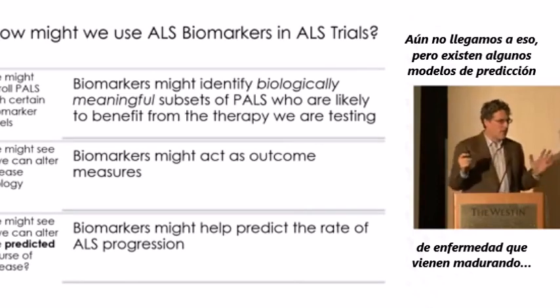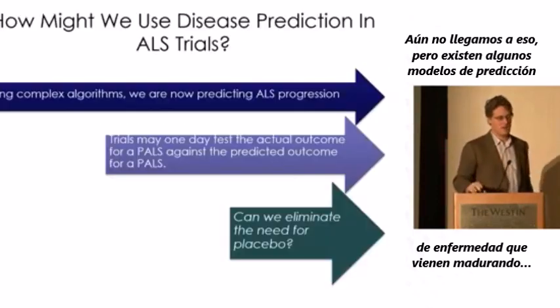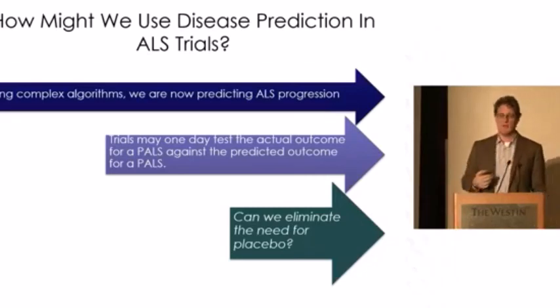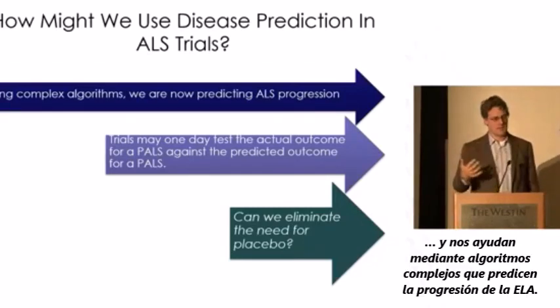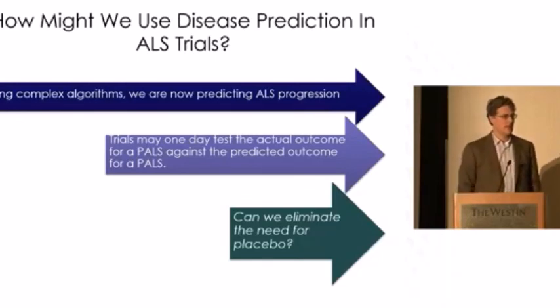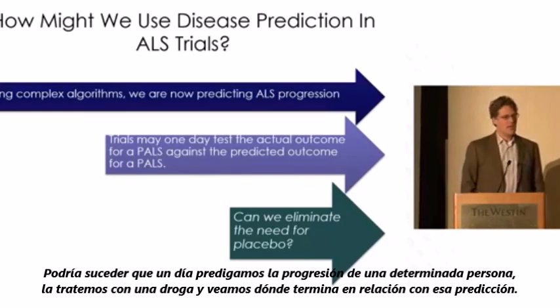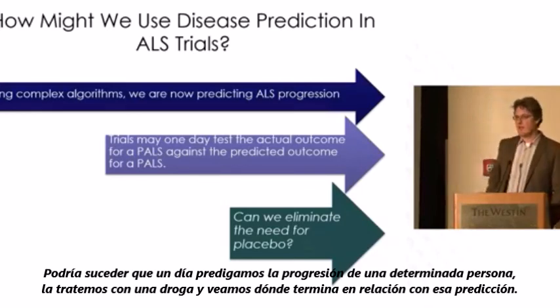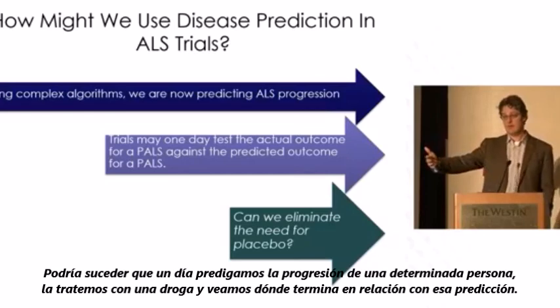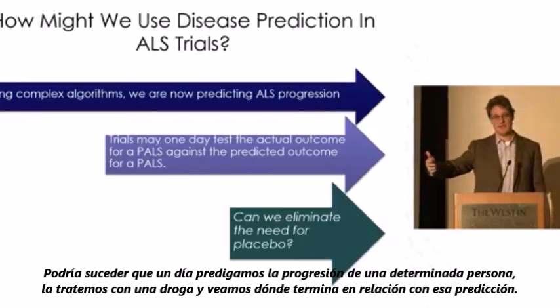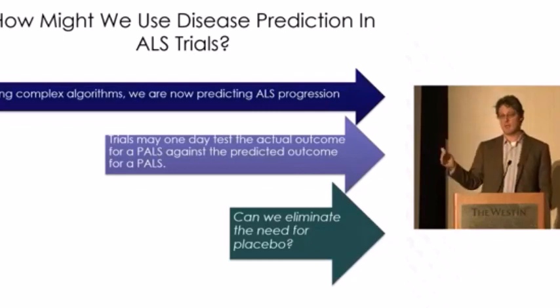We're not probably quite there yet, but there are some disease prediction models that are really becoming more and more mature, that are helping us, using complex algorithms, sort of predict ALS progression. And it may be that one day we can predict progression for a given person, treat them with a drug, and see where they end up relative to that prediction.